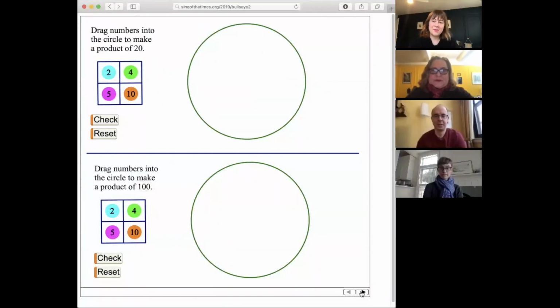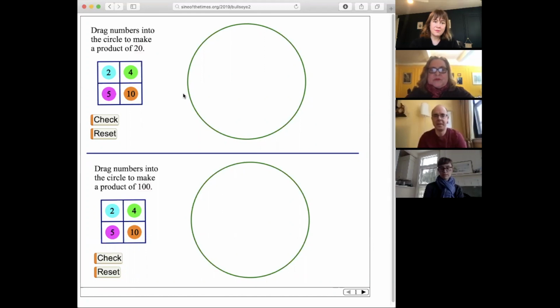So let's learn how to play the Bullseye game. On this page, there are 2 bullseyes, but I'm going to focus just on this one for now. It says to drag numbers into the circle to make a product of 20. And these are the numbers I can use: 2, 4, 5, and 10. What do I know about numbers that would make a product of 20? Well, I know that if I have 4 groups of 5, then that makes 20.